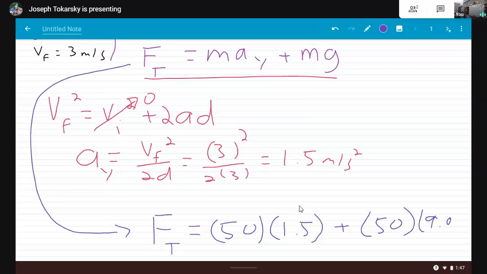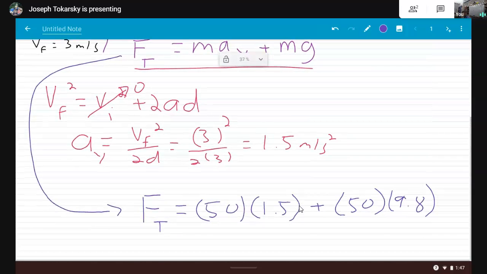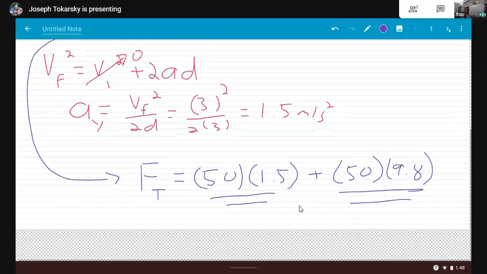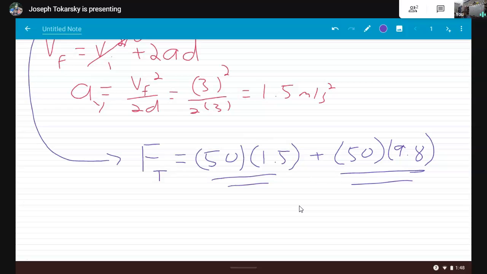Remember, 50 times 9.8 is the regular old real weight of the bucket. So if the bucket were just hanging still, or being held vertically by the rope, the tension would be just that. But because we're yanking up on it, we're inducing an apparent weight on it that makes it feel heavier to the rope, so it'll have a higher tension.